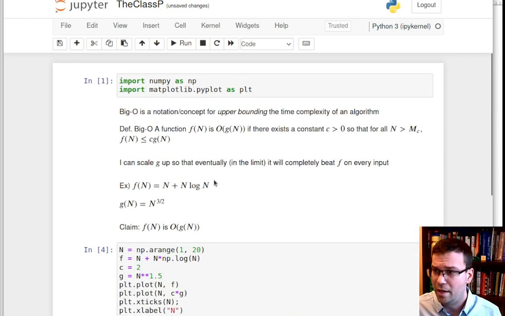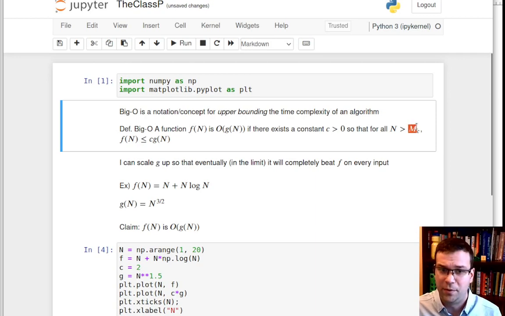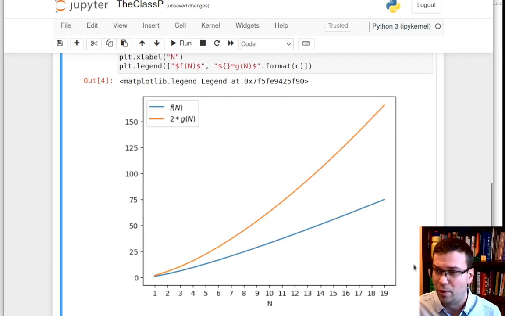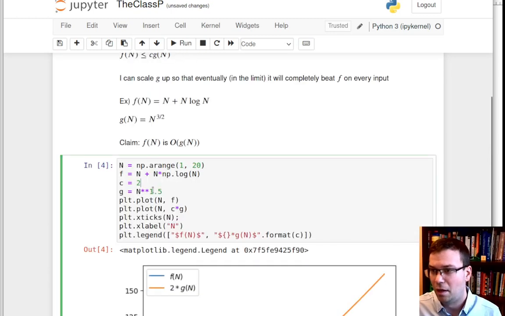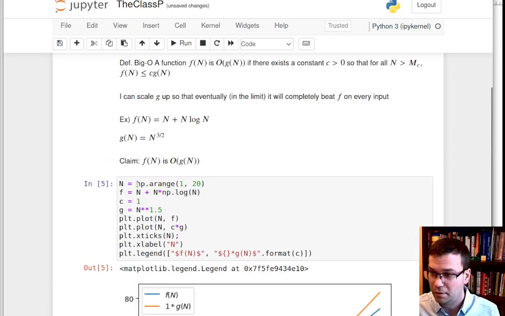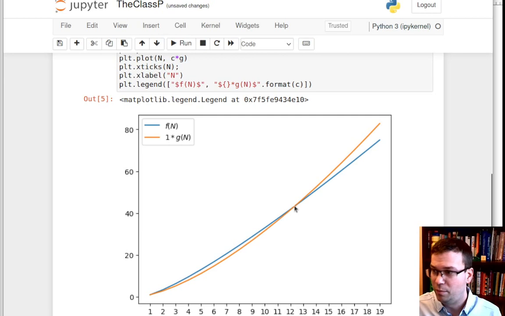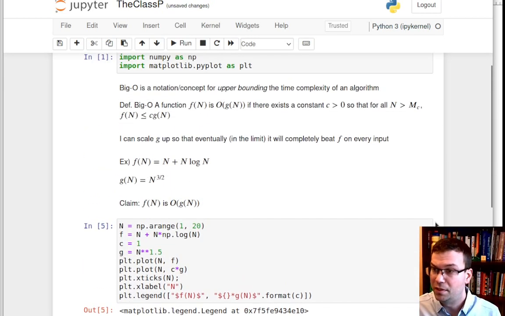So that's why I indexed this constant m_c by c. This m_c is the point beyond which g pulls away. When the constant's 1, that constant times g seems to pull away at around 13. So what this says is n to the 3/2 power dominates n plus n log n.